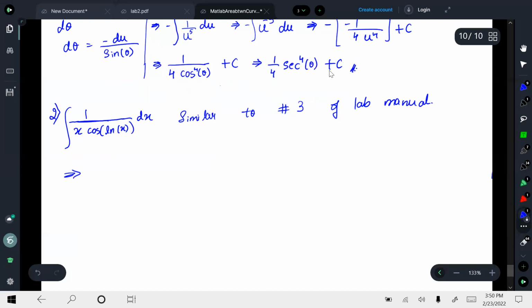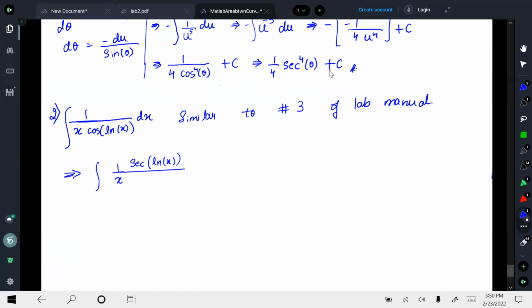Remember, you can always write this as 1 over x secant ln of x. Okay. So this problem which I'm doing is similar to your problem number 3.